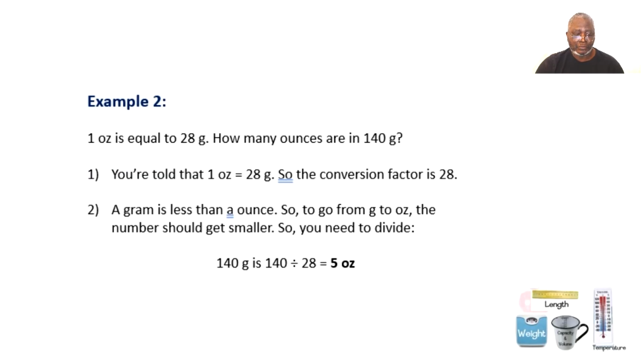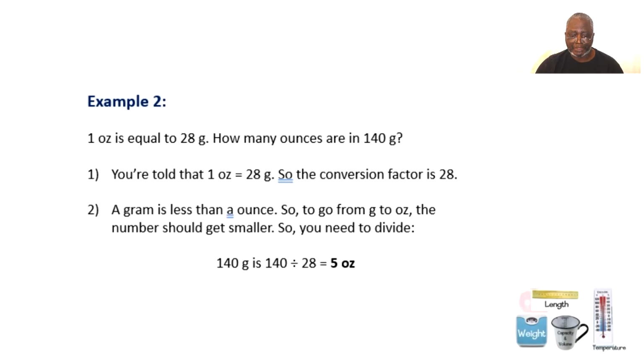Example 2. 1 ounce is equal to 28 grams. How many ounces are in 140 grams? Now this is converting from metric to imperial. So you're told that 1 ounce is equal to 28 grams.